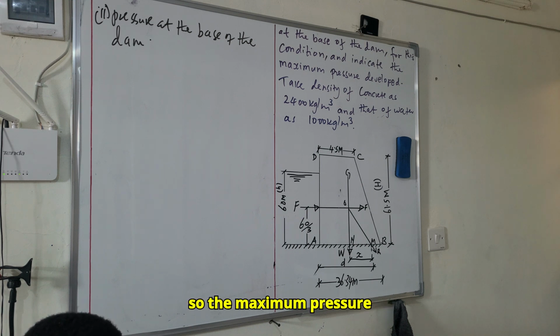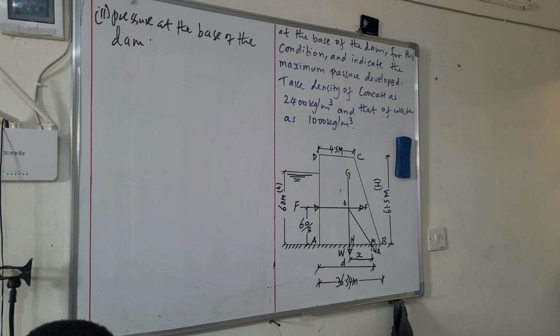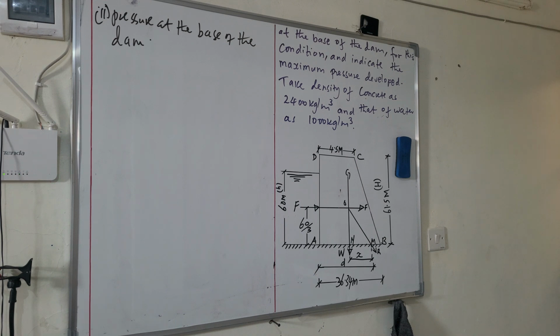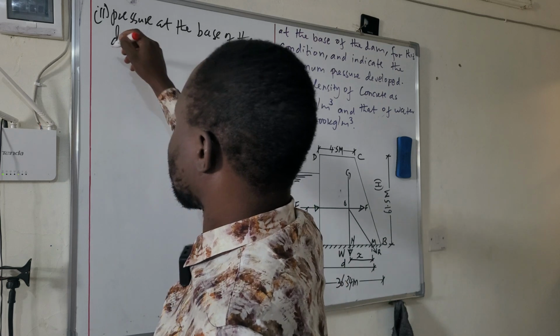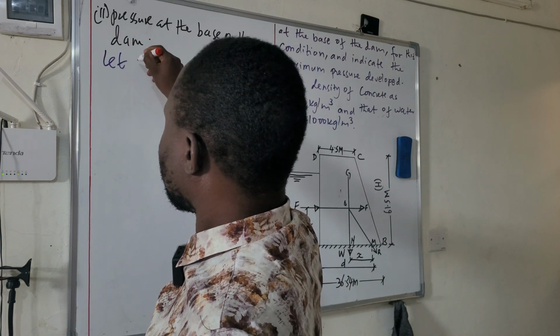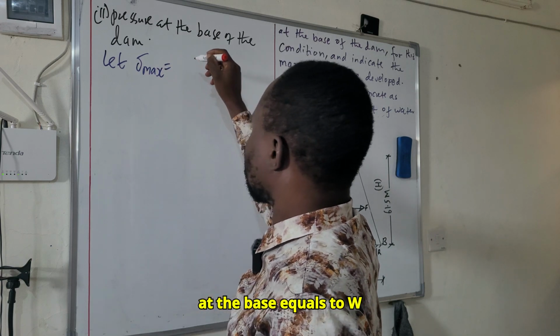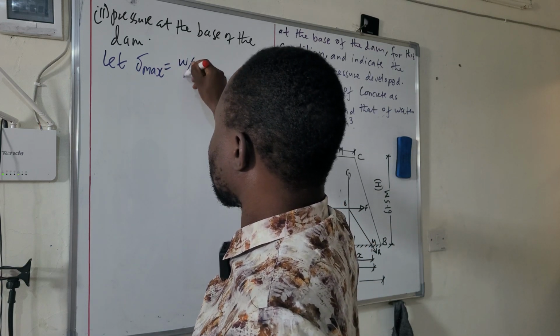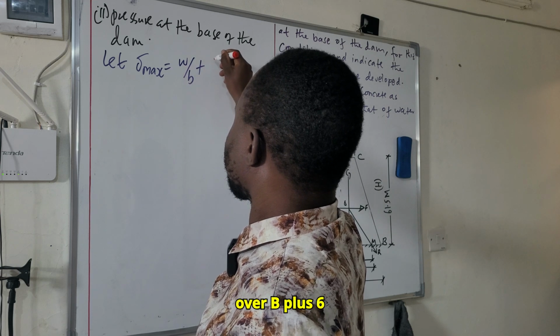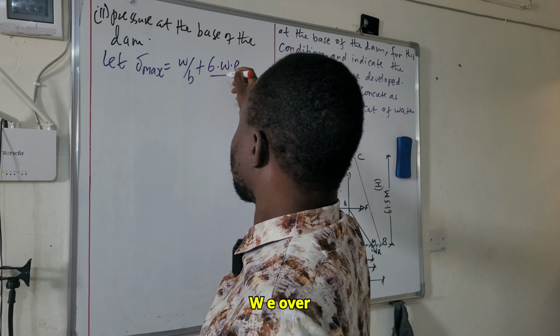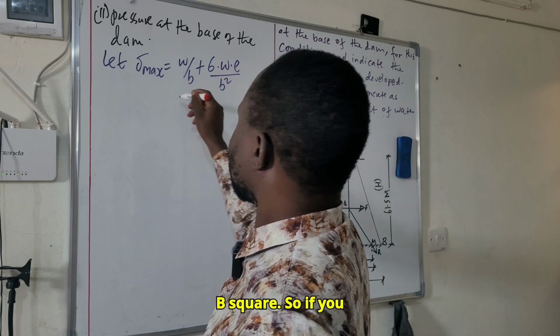So the maximum pressure at the base equals W over B plus 6 W E over B square.